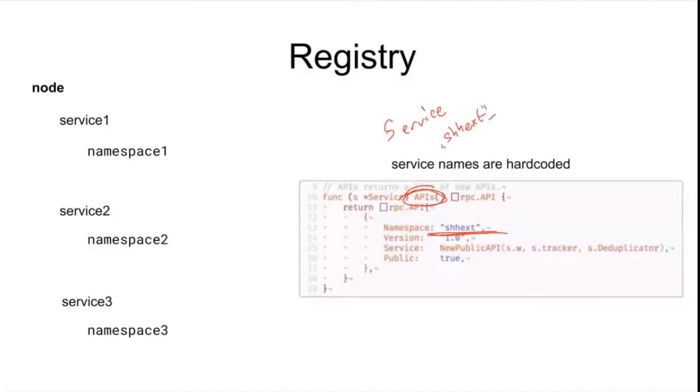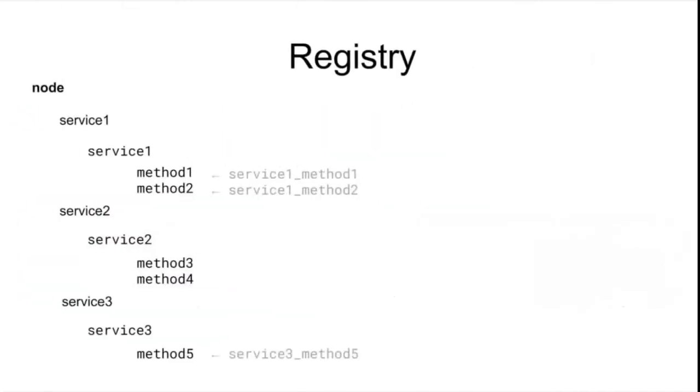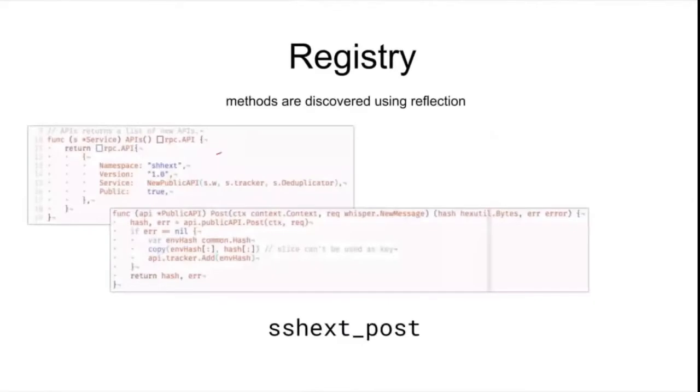The service name is just the first part of the method call, as you remember. So where does the second part come from? Each service describes some methods, and you see that their names are translated like this in here. These methods in Go Ethereum are discovered dynamically using reflection.